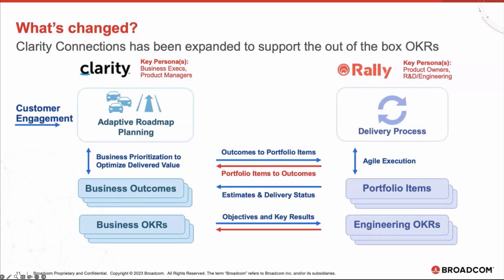That was a new capability introduced in the 16.01 release. So you can see things can initiate in Rally, or they can initiate in Clarity, depending on your business practice. And then, based on the initial estimates, as well as delivery status, Rally can send that information back to Clarity for review or monitoring.